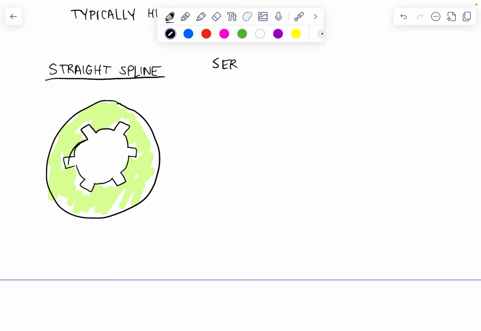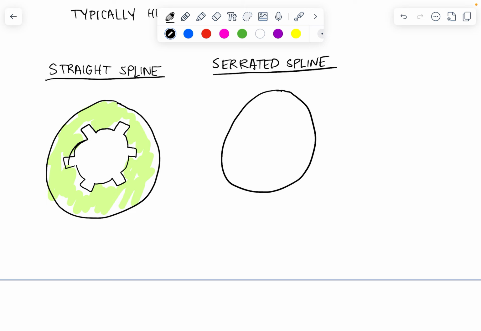Next, there's a serrated spline. Okay, so again, I'm going to draw my hub. And this, I think, looks kind of like a sun or a star. We have these equally spaced teeth with an included angle.